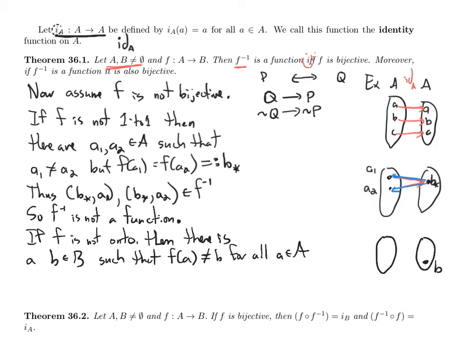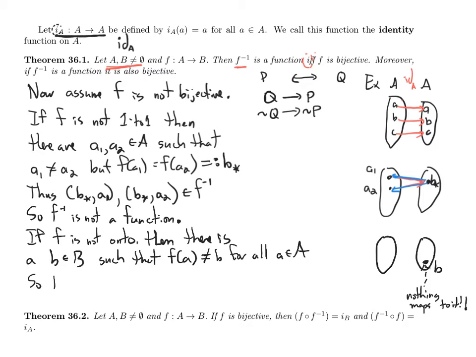Nothing maps to it. So in the inverse, there's nothing related to b.